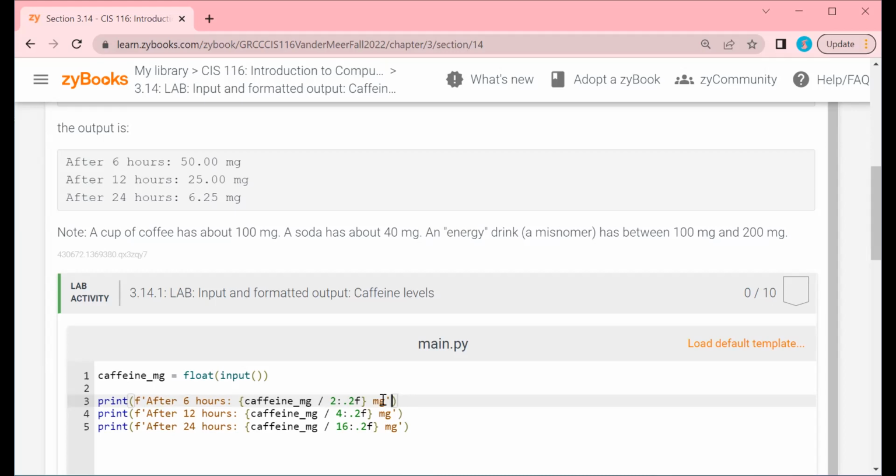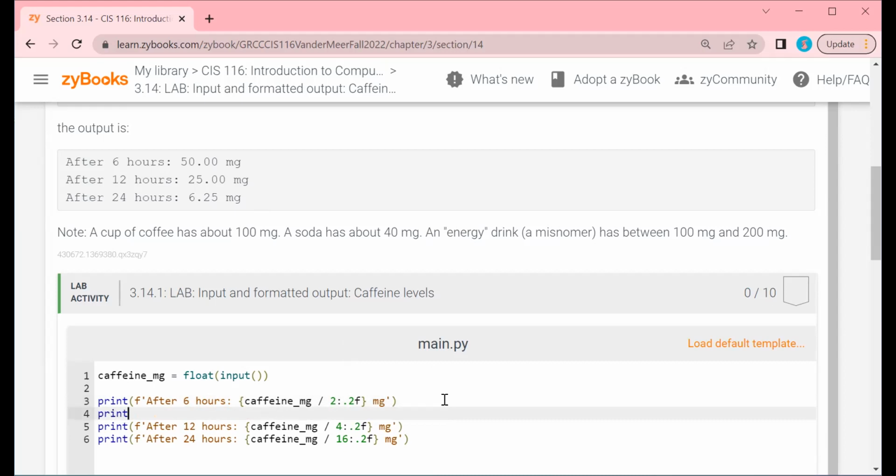Now, if it didn't say round to 2 decimal places, your statement would look something like, I would use double quotes. Let's see, after 6 hours. And then I'm gonna plus. It would look something like that.